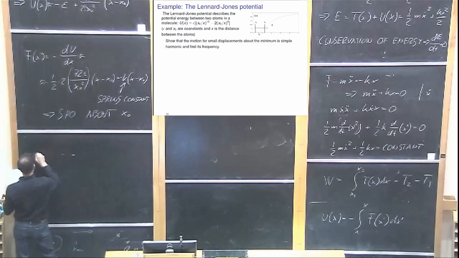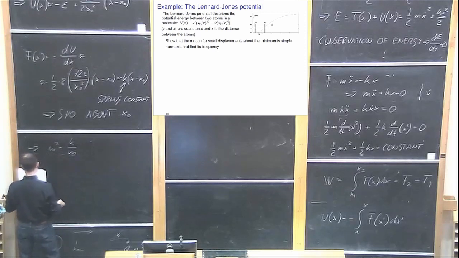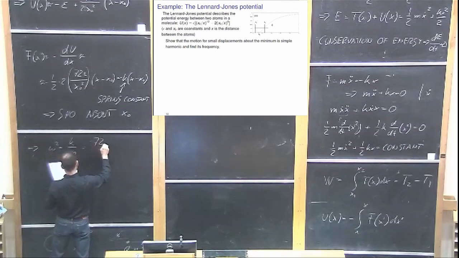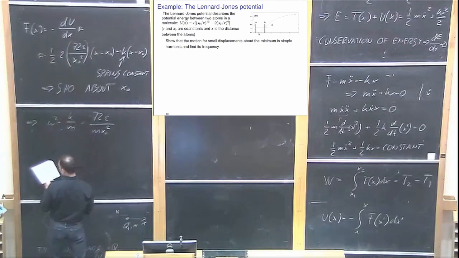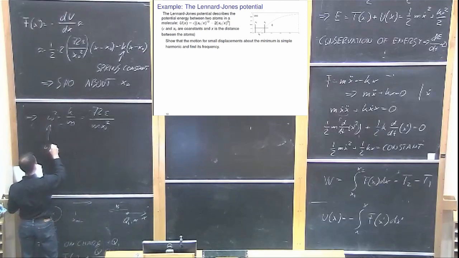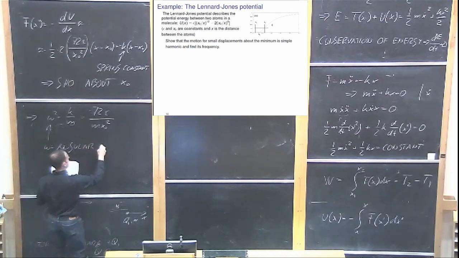And then from last lecture, we had omega squared equals k over m for those simple harmonic oscillators, which equals 72 epsilon over m x naught squared. So we have the angular frequency of the small oscillation, so this is omega, the angular frequency.